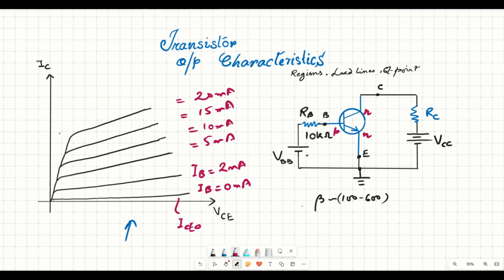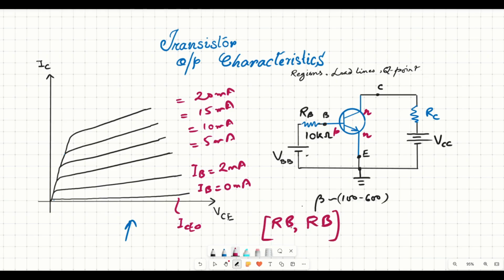Now why are these output characteristics very essential, and what kind of properties do they tell us about the transistor? They provide the information about where the transistor is working. For example, consider the condition of reverse bias and reverse bias.